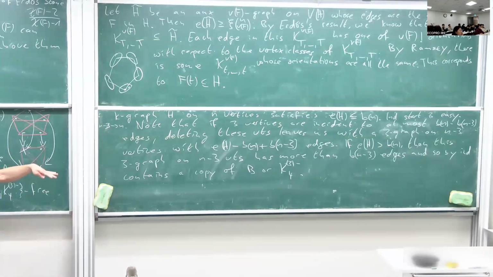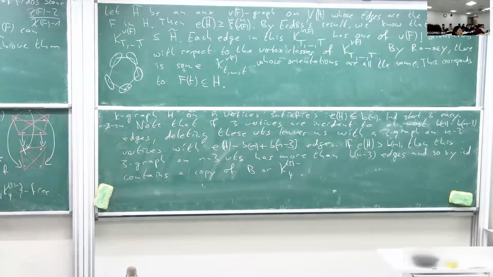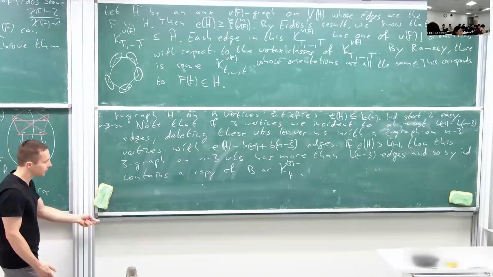Here we delete 3 vertices, but a similar thing could also be done for just a single vertex. Whenever we have a vertex of small degree, delete that vertex, and we're left with a 3-graph on n minus 1 vertices with still quite many edges.